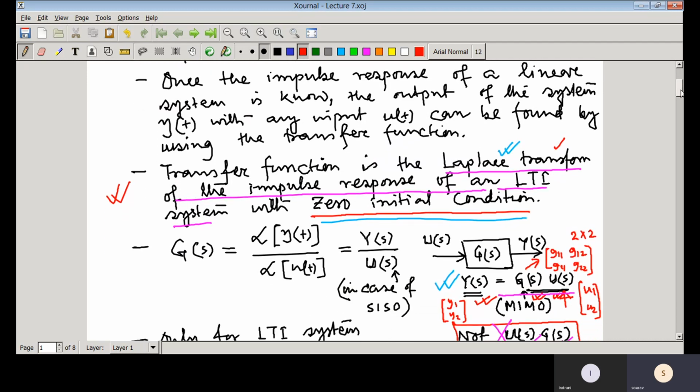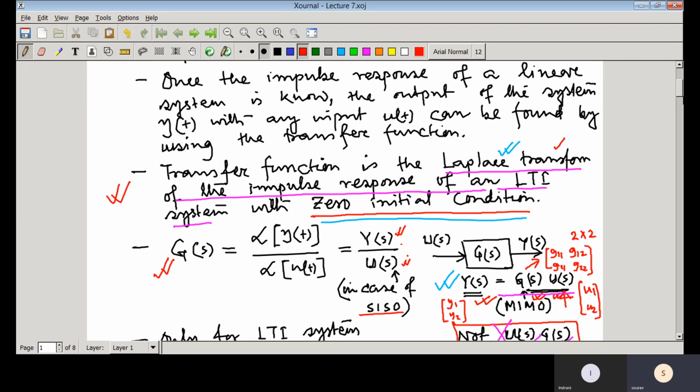Sometimes someone says that it is the ratio of the Laplace transform of the output variable and the Laplace transform of the input variable. But this particular definition is not correct, because the ratio of output variable by input variable only holds in the case of a SISO system, single input, single output.